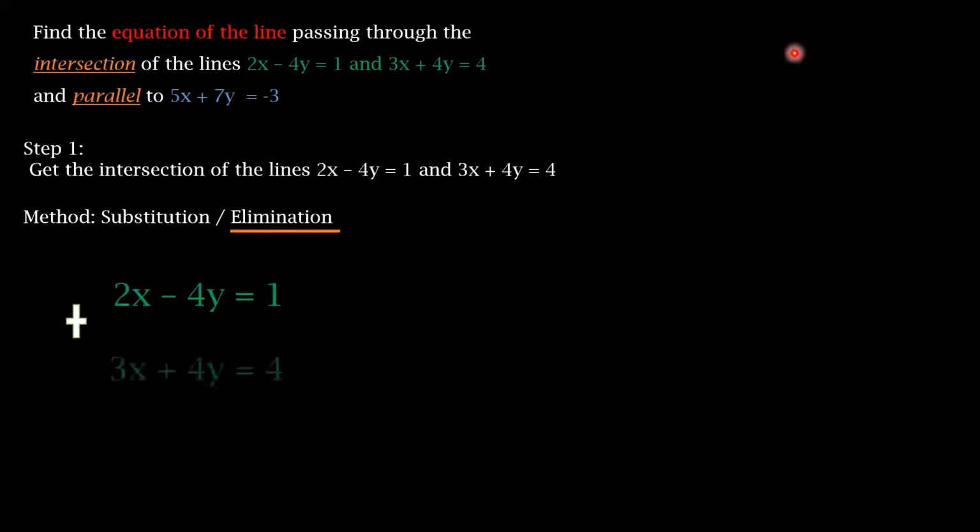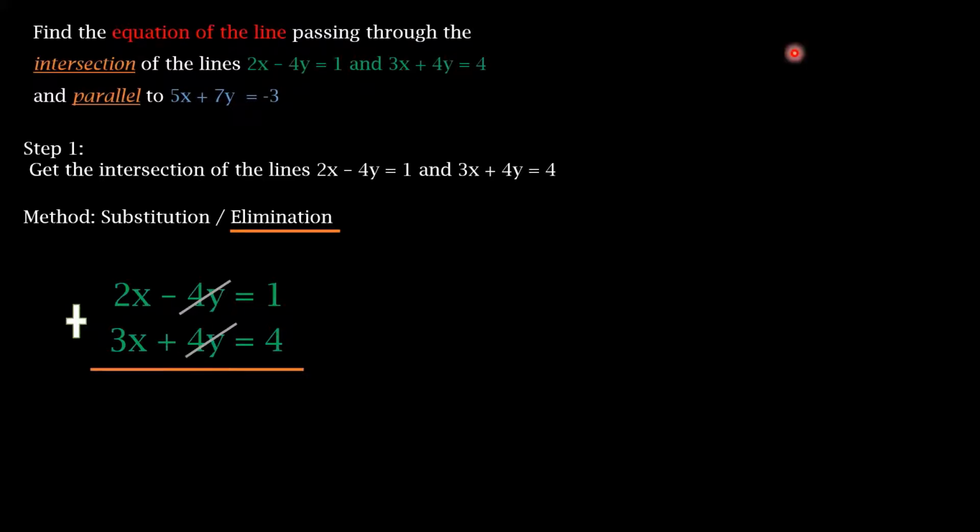Again, these are the lines, and notice that if we add these two lines, we can directly cancel the negative 4y and 4y, since it becomes 0 when they are added.